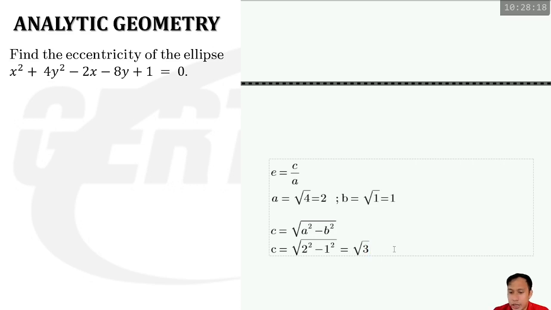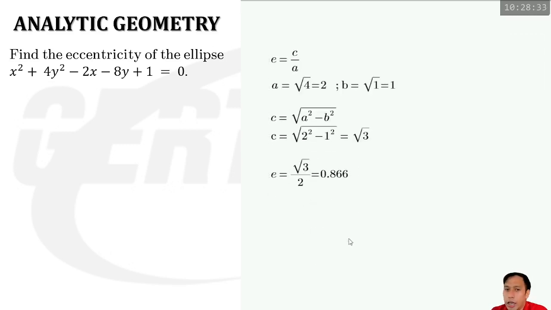So, the eccentricity E is equal to square root of 3 over 2. We have to evaluate that, gives us 0.866. That's it, it's correct. It's less than 1. Yan yung eccentricity.